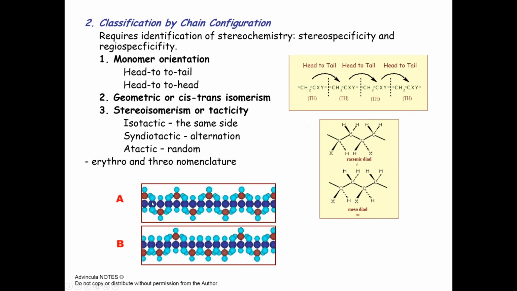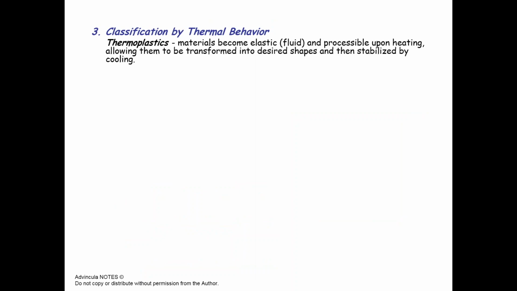This can be observed here in the case of polypropylene, where you have a perfectly alternating, or syndiotactic, tacticity, or in the case of B, at the bottom, a random placement. Without going into much detail, this can be observed by looking at the tacticity and characterizing it with a technique called NMR.